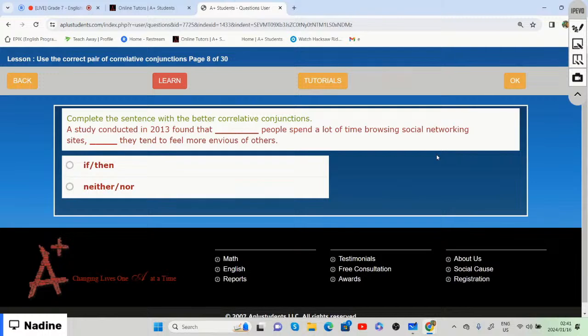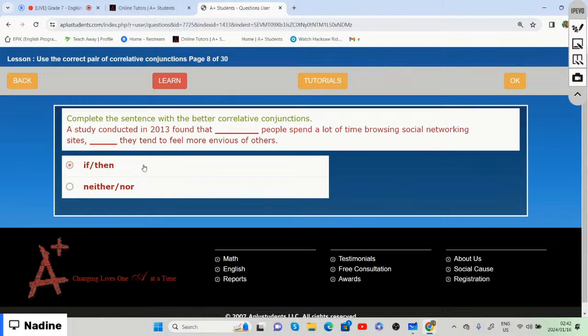A study conducted in 2013 found that if people spend a lot of time browsing social network sites, then they tend to feel more envious of others.